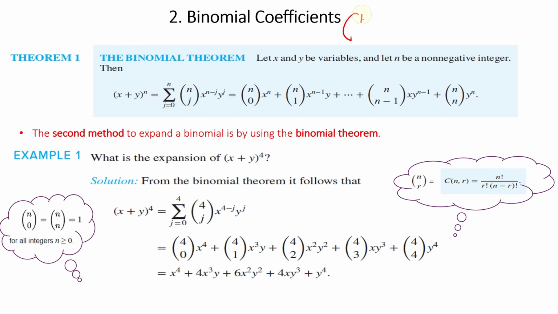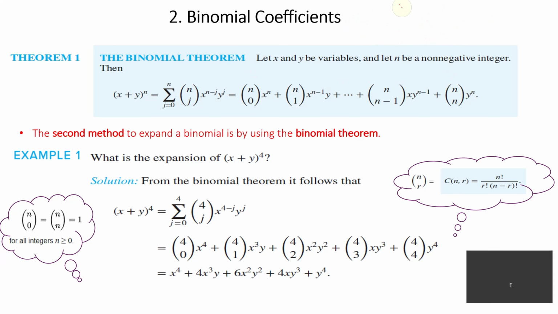Let's quickly apply the formula. n factorial divided by 0 factorial and (n minus 0) factorial. 0 factorial is going to be 1, and n minus 0 is n. That means I simplify by that one, and it's going to give me just 1. So this is basically always going to give you 1 with the 0.